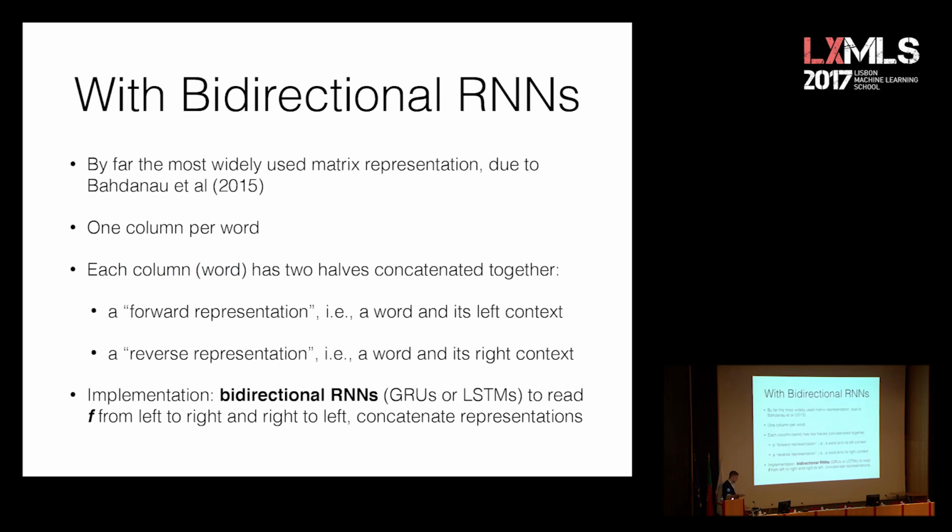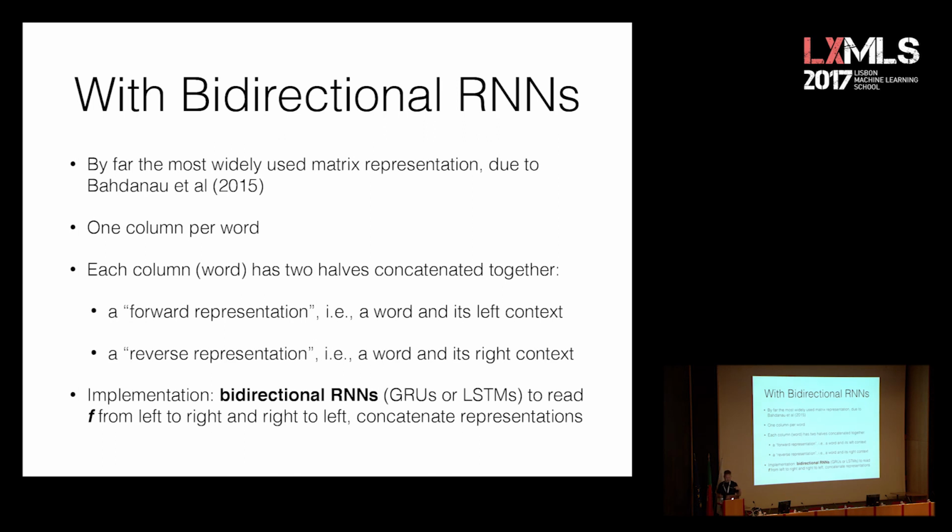But by far, I'd say the most common representation these days is to use bidirectional RNNs. Bidirectional RNNs are one of the most useful ideas that have come out of working with RNNs. In particular for natural language processing, there's really nothing better. If you want a representation of a sentence, or to represent a token in the context of a sentence, a bidirectional RNN is absolutely the way to go.